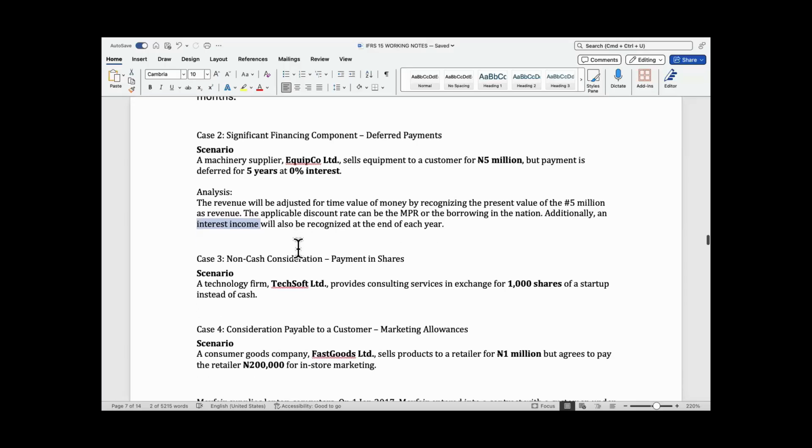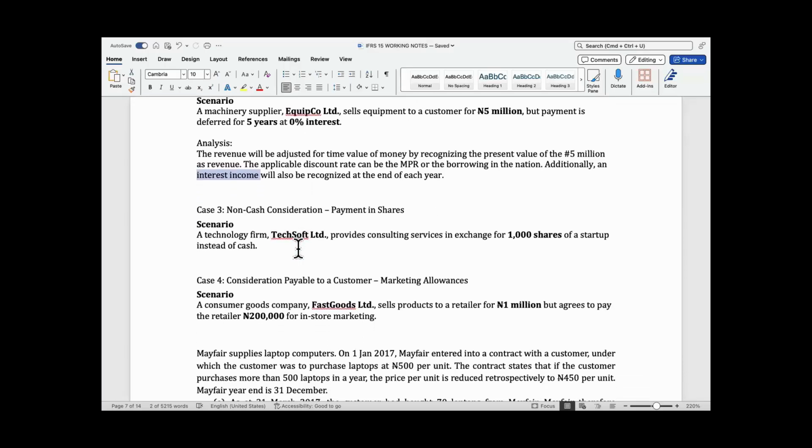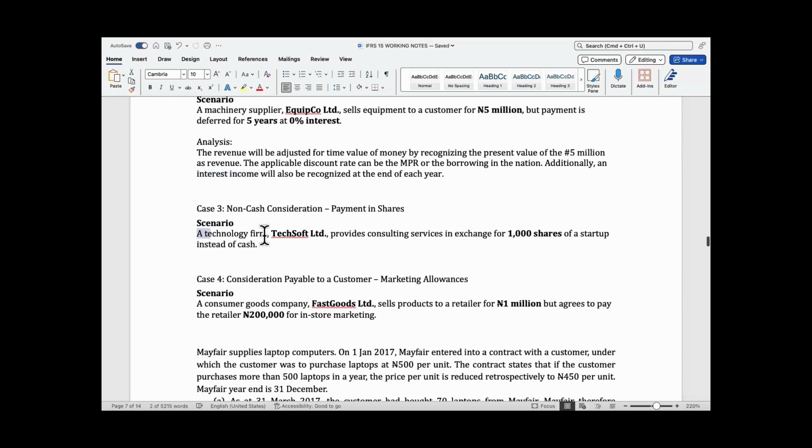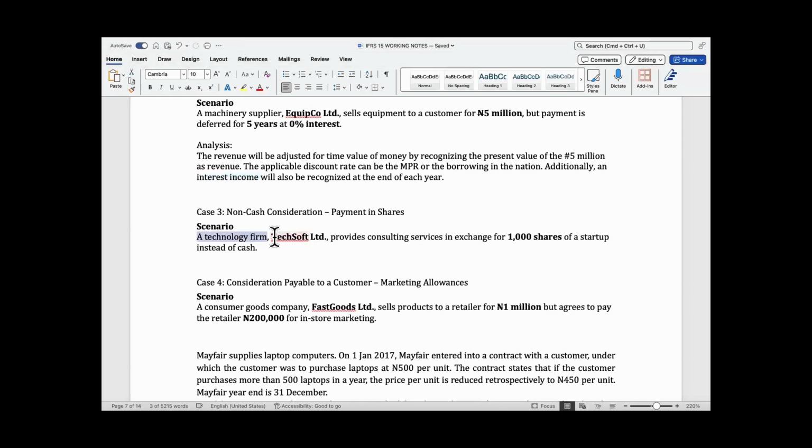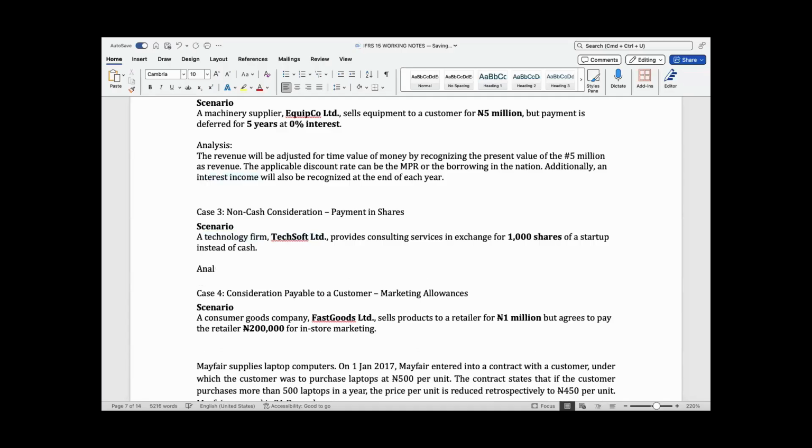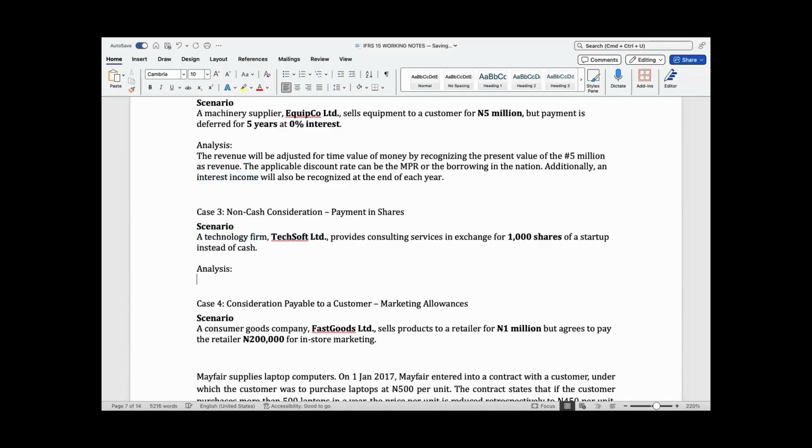Another scenario. It says a technology firm called TechSoft Limited provides consulting service in exchange for 1,000 shares in a startup instead of cash. So in this case, the consideration here is non-cash.